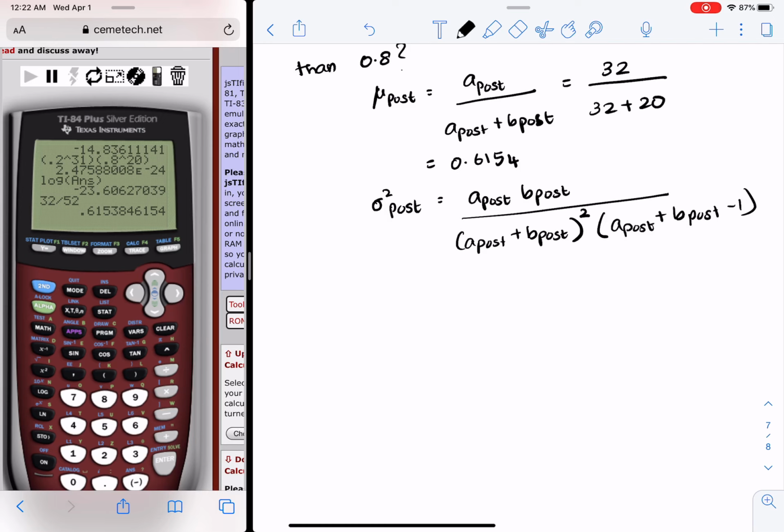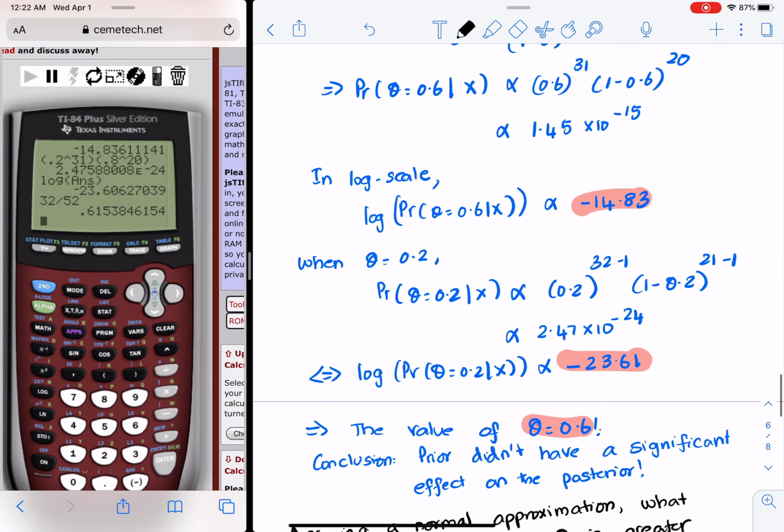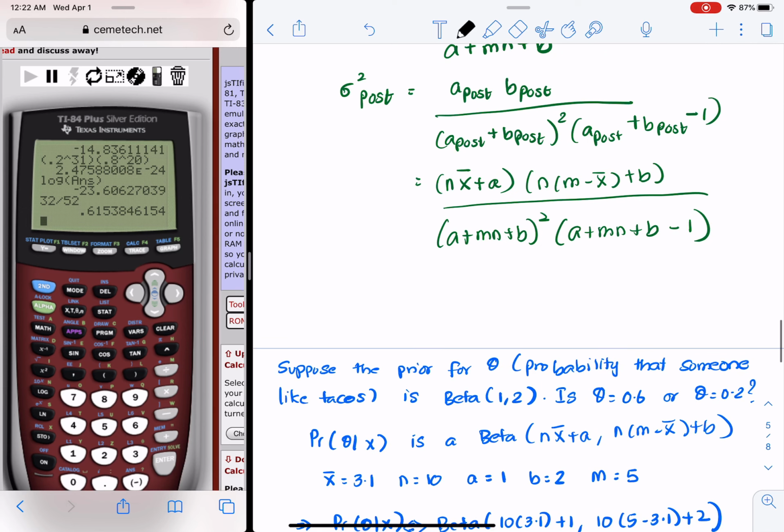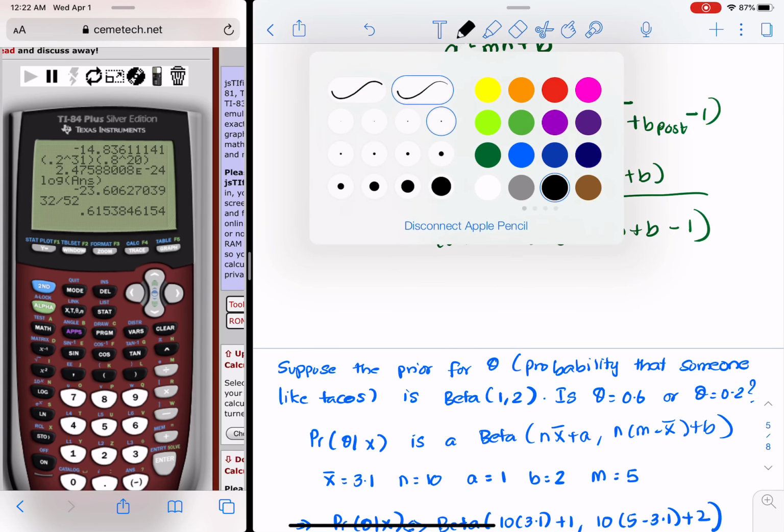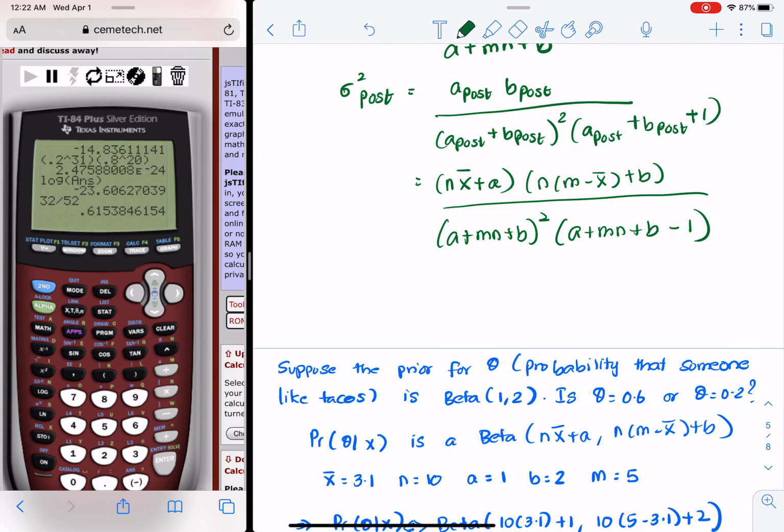I feel like I made a mistake here. This should be plus 1, so let's go ahead and change that in the variance here.